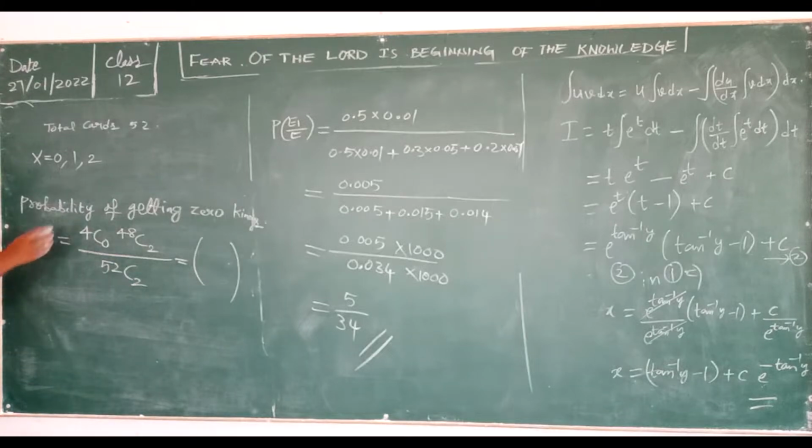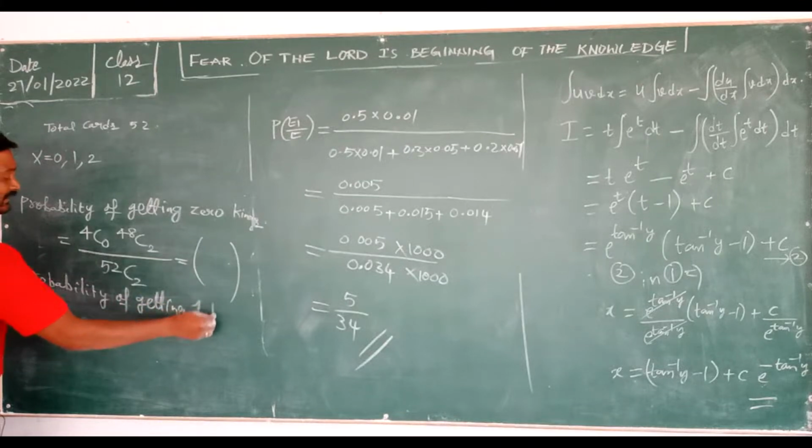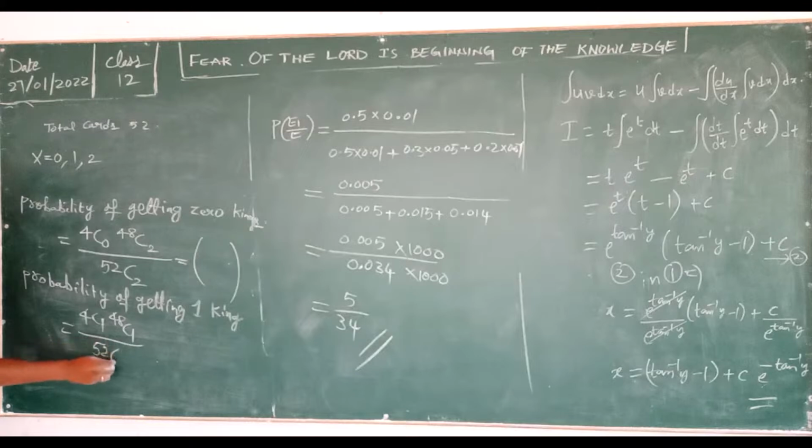Similarly, the probability of getting one king: one king means 4C1 times 48C1, over 52C2. Solve this and get the one king answer.